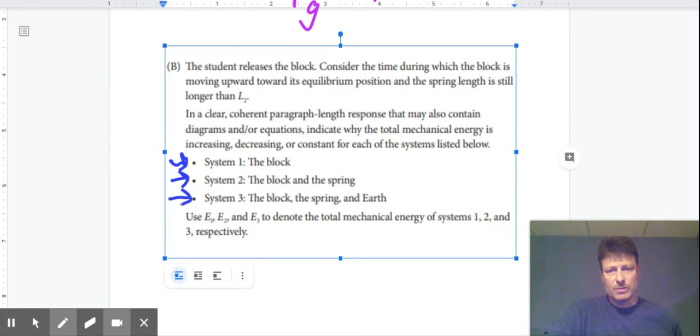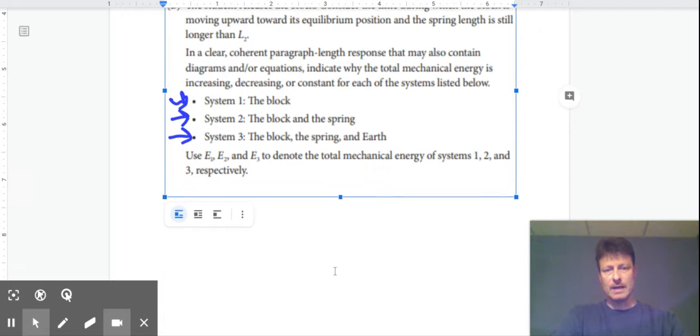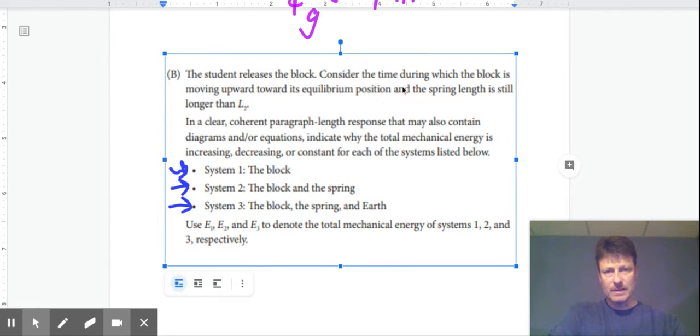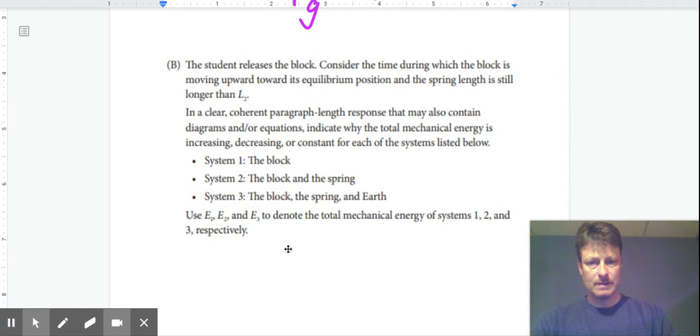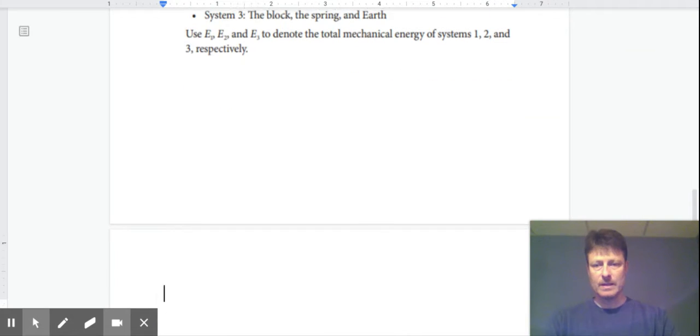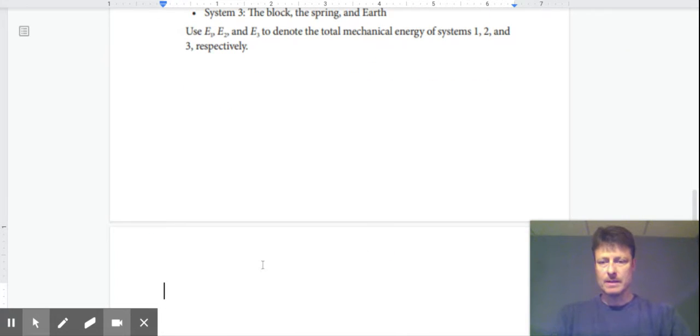They want you to talk about what happens to the total mechanical energy of each of those systems, in the case where you released it and it's on its way upward before it gets to its equilibrium position. If we go on to the next page, we can talk a little bit about it.